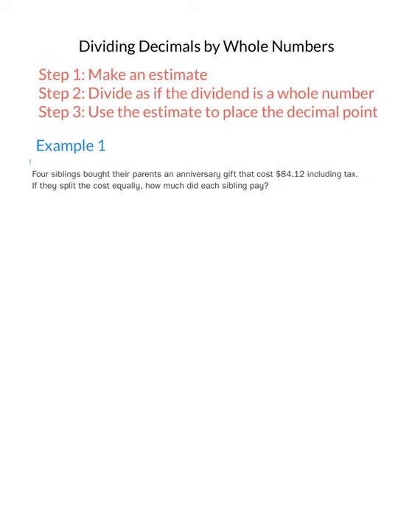And remember, we've got the total that we have and how many splits we're making. So our total is $84.12, and we're dividing that by the 4 siblings. So our number model for the whole problem will actually be $84.12 divided by 4.